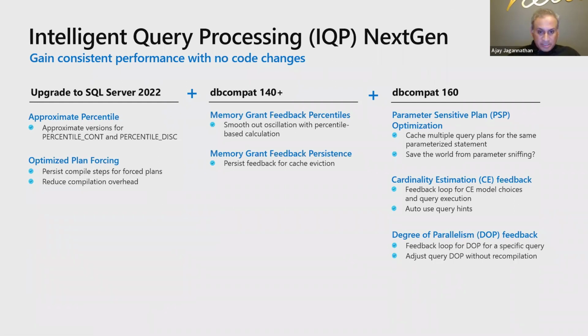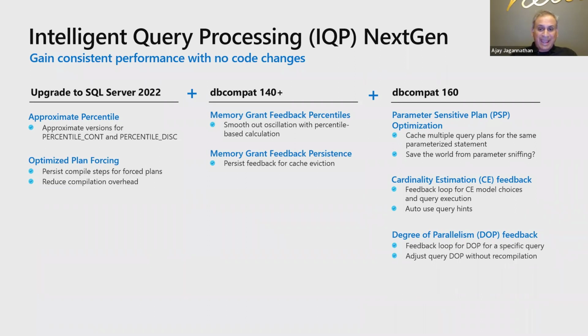The third and the latest category is available with the latest compat level. SQL Server 2022 introduces DB compat 160. With that come the three features I briefly talked about. The first one is parameter sensitive plan optimization. Hopefully we have saved the world from the parameter sniffing problem with this.